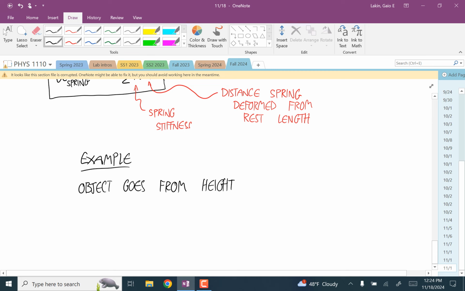I think these are the numbers I used before. So say an object goes from a height of 5 meters to a height of 2 meters. What's the work done by gravity?